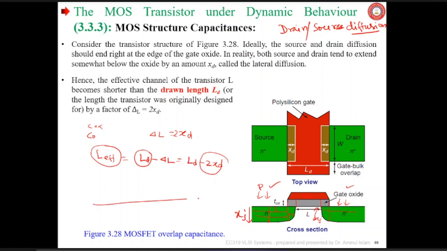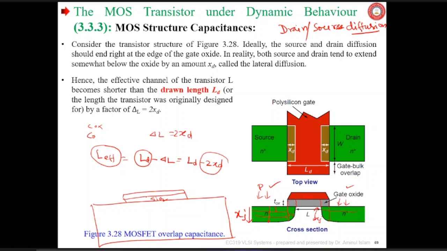Diffusion process means you take the substrate and you want to make a certain area n plus. The other portion you cover with silicon dioxide and some other material like photoresist, etc. Silicon nitride also. At the bottom, silicon dioxide, then silicon nitride at the top. Then this material is kept in place with the help of photoresist.